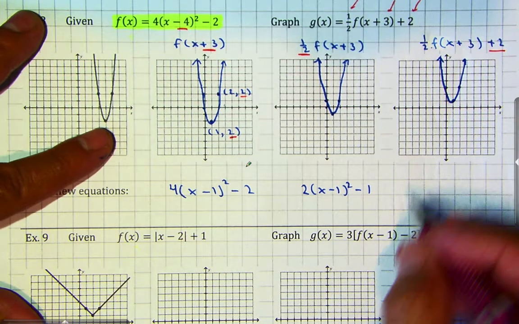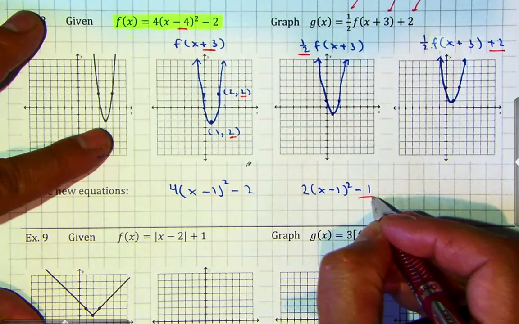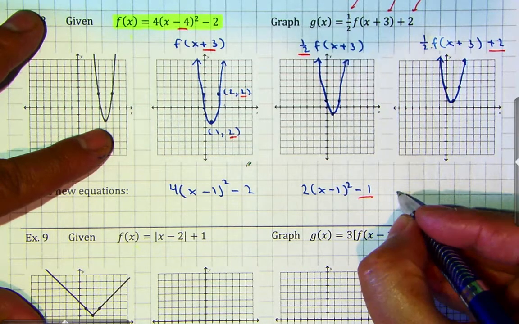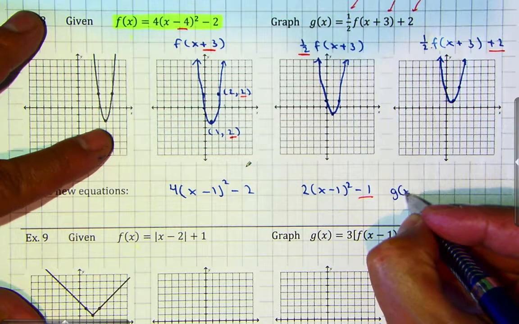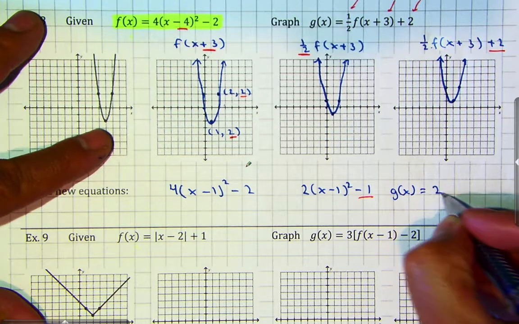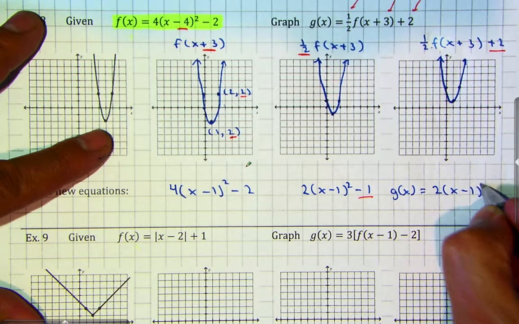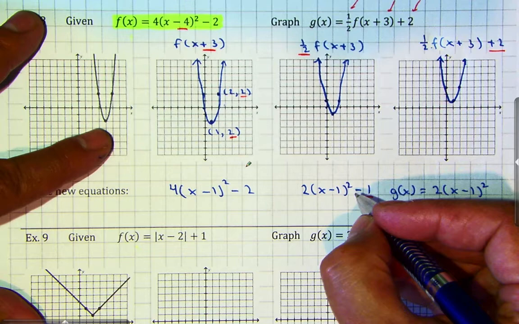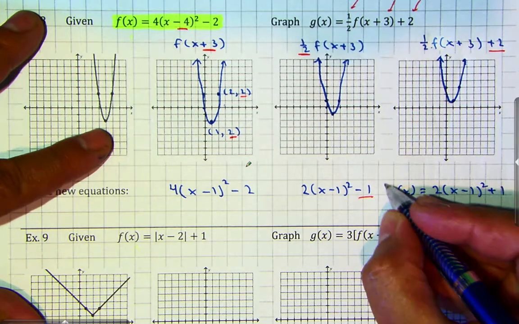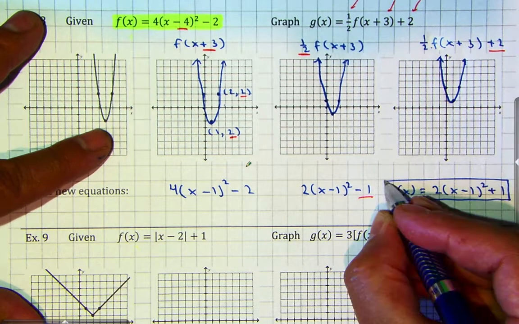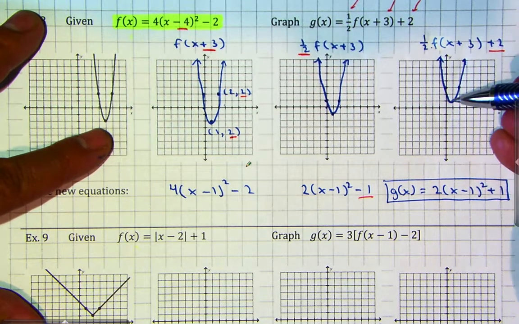We're going to add 2 to this number. So therefore, my function, g of x, will be 2x minus 1 squared, and add 2, so it gives me plus 1. And it should match. My vertex is 1, 1, which it is. My a value is 2.